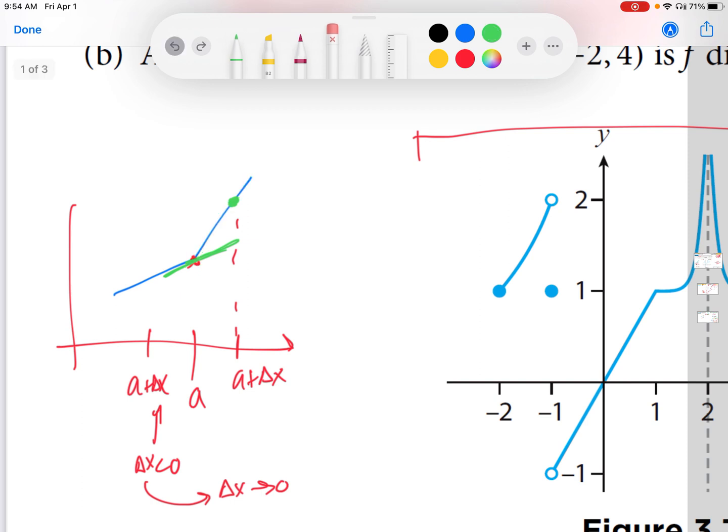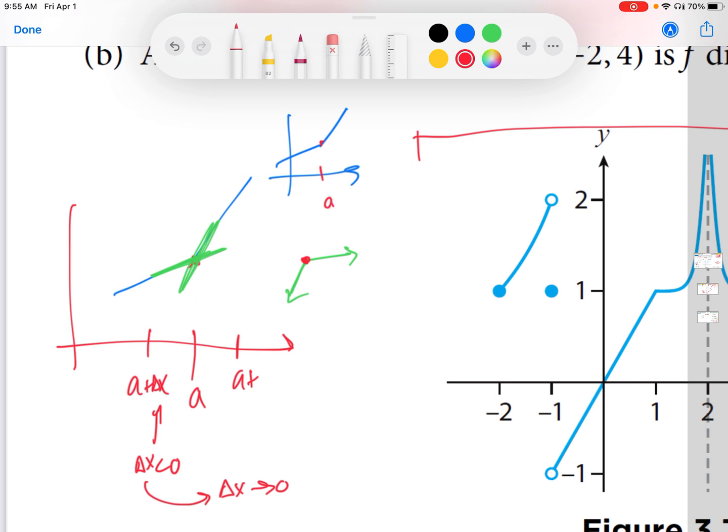So I don't have an actual tangent line here at this red point. From the left-hand side, the tangent line looks like this. From the right-hand side, the tangent line looks like that. And a quote-unquote line that looks like this is not a line. So long story short, if you see a kink on the graph, the derivative does not exist at that point.